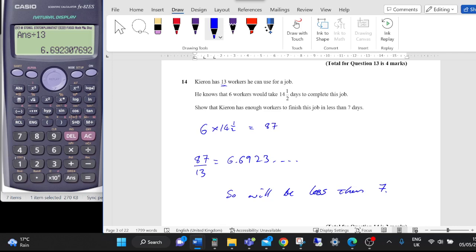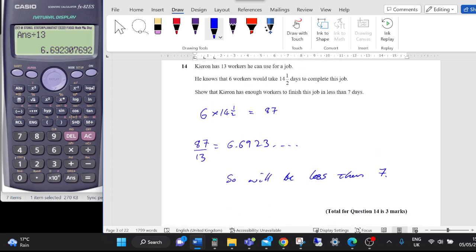Whenever I've got something like this, where it's indirect and you've got workers and days or workers and hours, or they do it a lot with hose pipes to fill a lake, I look at the amount of work done by multiplying them. And where are my marks for this? We've got an M1 for that, and then a P1 for that, and then a C1 for that.